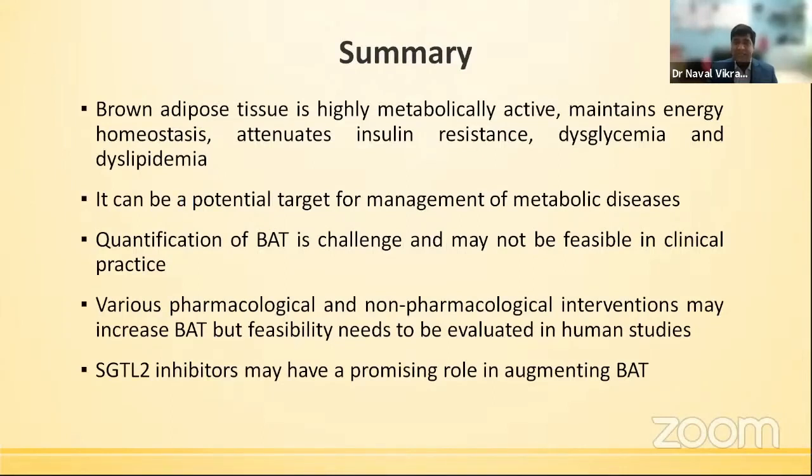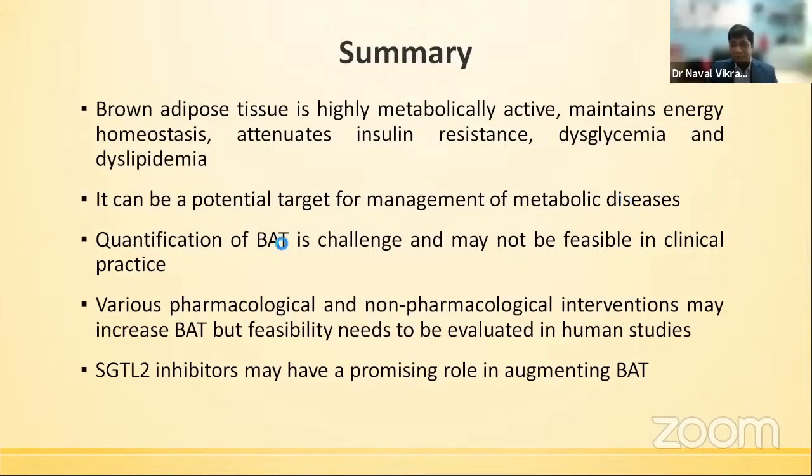But I must say here that the various lifestyle, dietary, exercise, and other interventions which are being targeted, and which are thought to have a beneficial effect on brown adipose tissue, as such will have a beneficial effect on the various metabolic parameters. So do we really need to identify brown adipose tissue or try to increase it? I don't know. That's an open question.